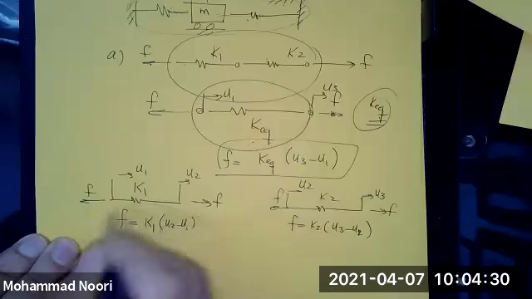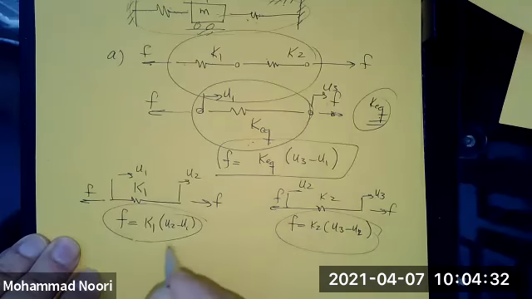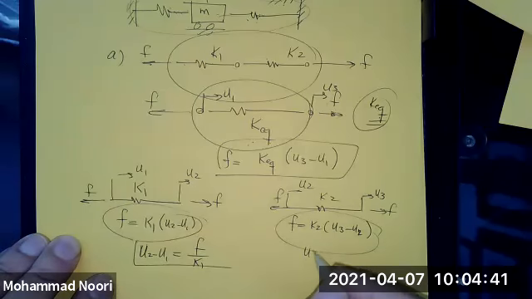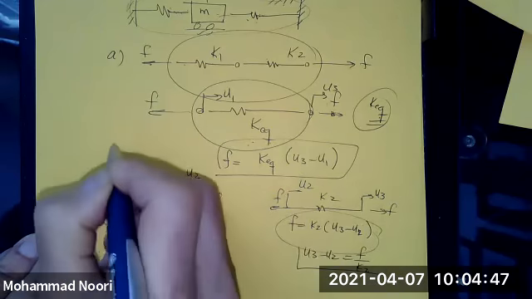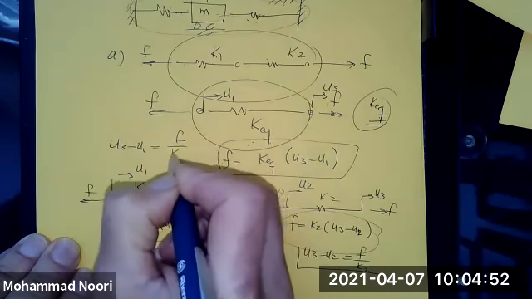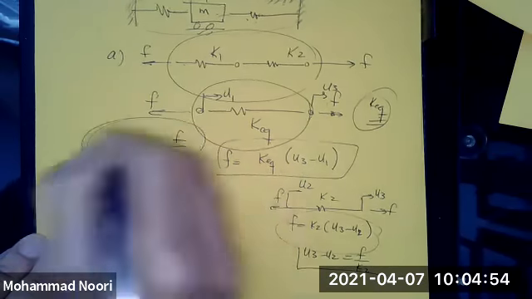Okay? I would rearrange these. I write that U2 minus U1 is F over K1, and U3 minus U2 is F over K2. But look here, I can write U3 minus U1 is F over K equivalent.